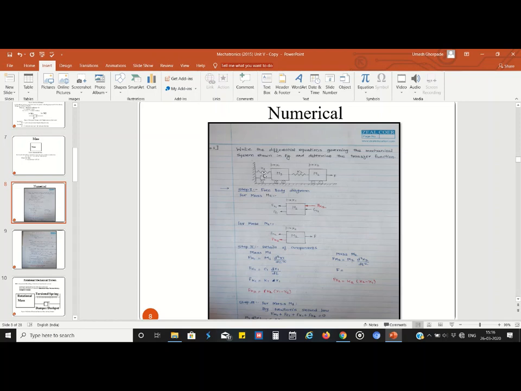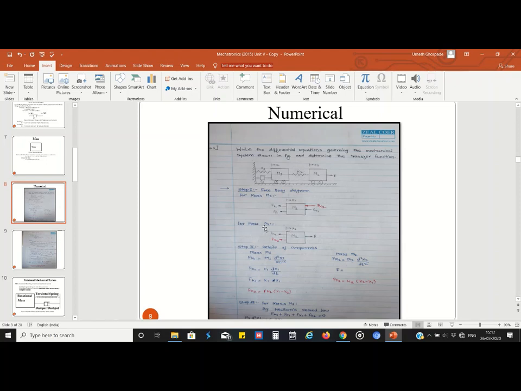So we take Fk1 for the force induced in the spring k1, Fc1 the force induced in the damper c1, Fm1 the inertia force, and Fk2, which is nothing but the force through the spring k2.